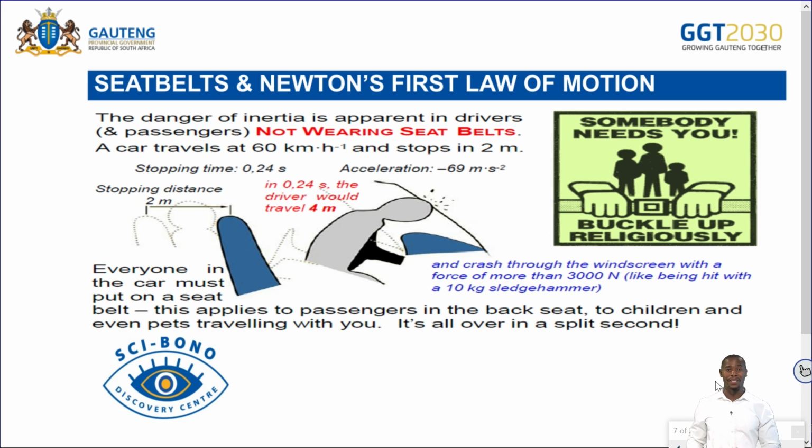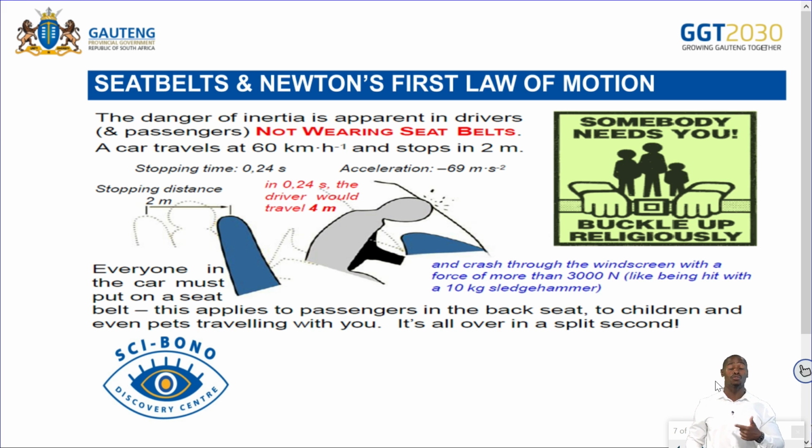The reason being, remember, if you are a passenger or a driver, I'm giving you an example with a car. If a car is moving at a speed of 150 kilometers per hour, you are also moving at that speed, right? So if a car suddenly stops, what is going to happen? Remember, the force that is applied is not applied on you, but on the car.